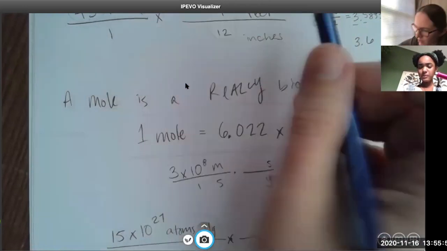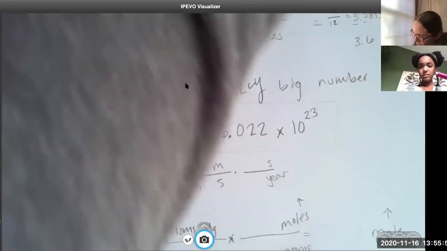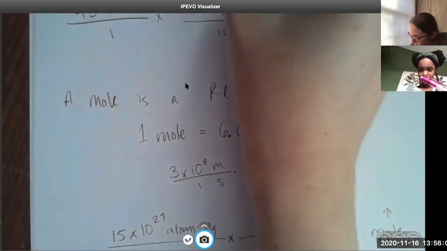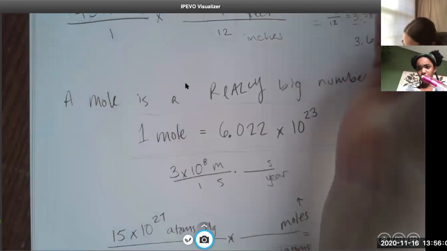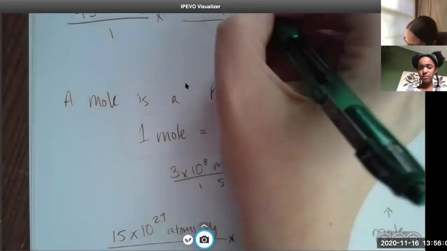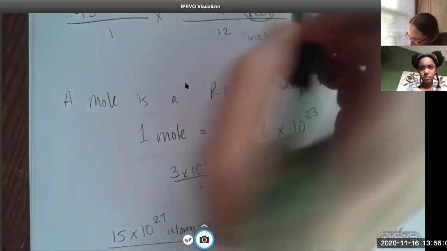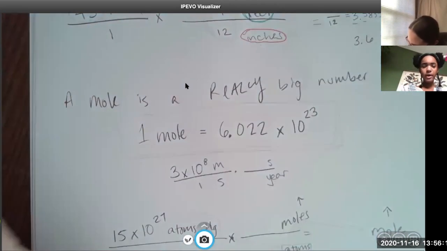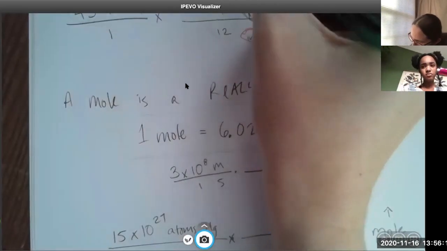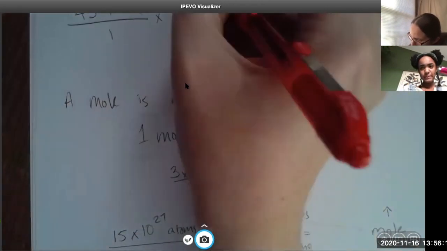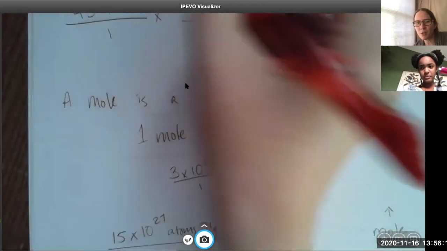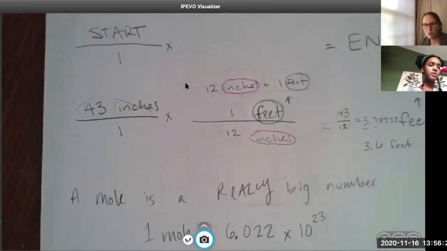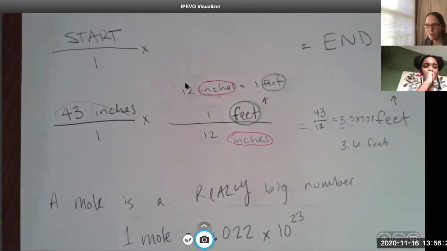So if we've got feet here, and inches here, and here's our conversion factor. We pull the number, the numbers follow the units. The numbers follow the units.